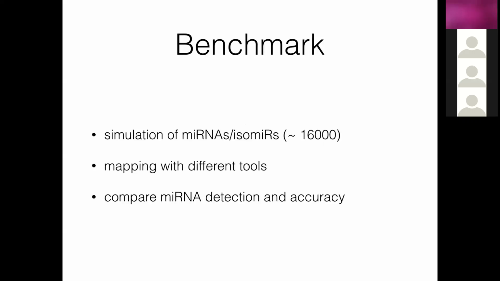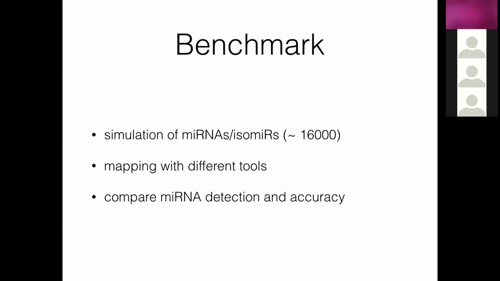And it's only this. I'm not even simulating the expression or anything, because that would be a step further. It's just how well we can detect this diversity that we find when we sequence.